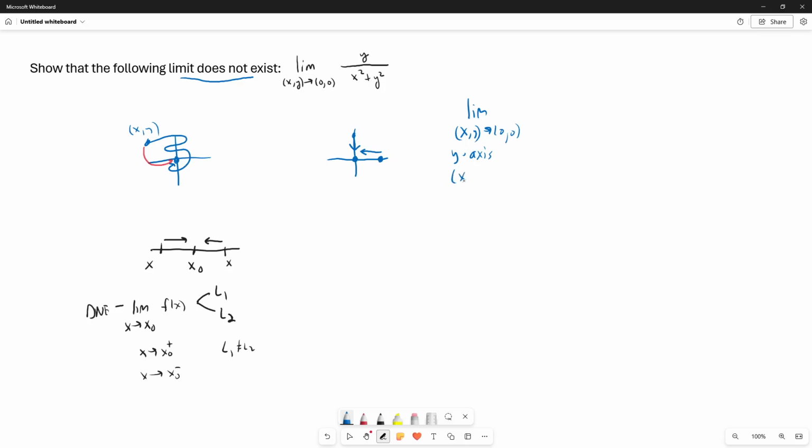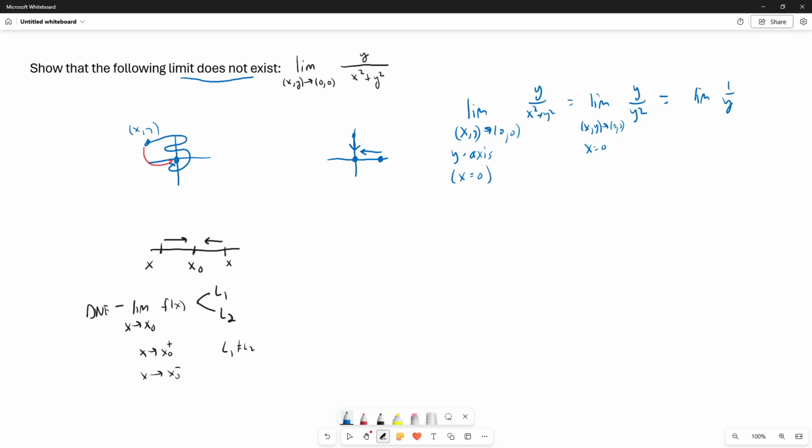And that means that x is equal to 0. If we're on the y-axis, the x-coordinate is 0. And so then the fraction is equal to just y over y squared. So (x, y) is going to (0, 0), x is equal to 0, and so we get y over y squared, which is, of course, 1 over y.